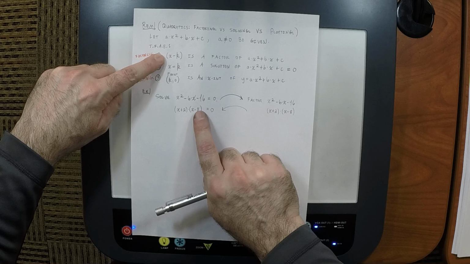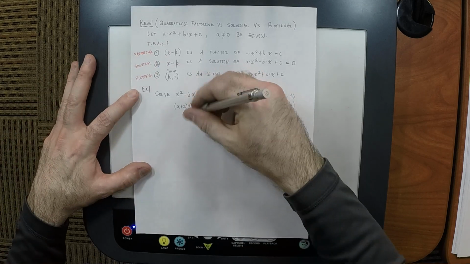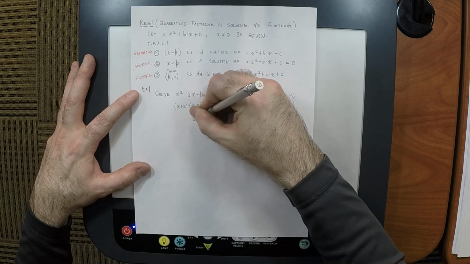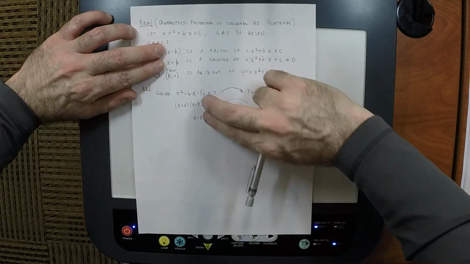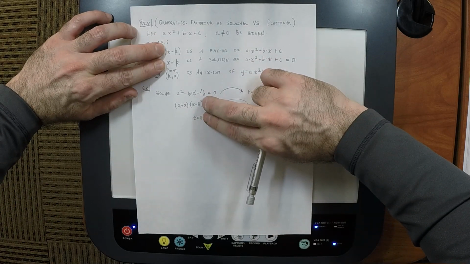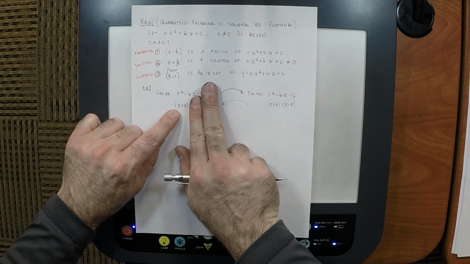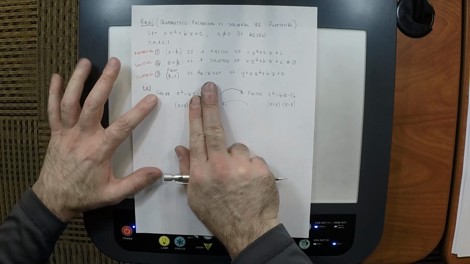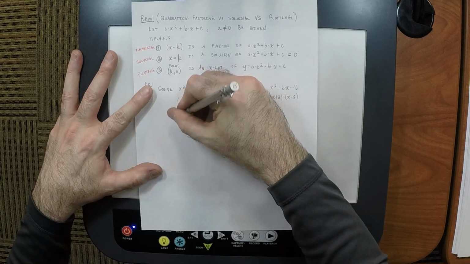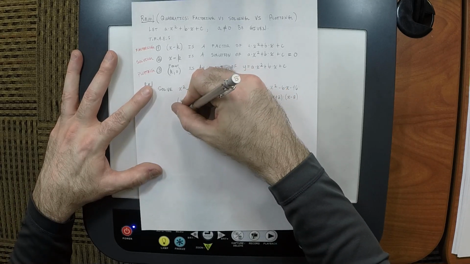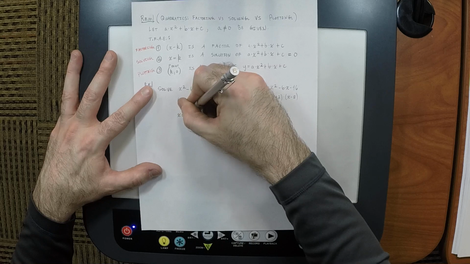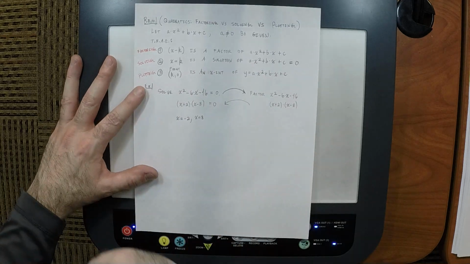So this means that x equal 8 is a solution. And because x plus 2 is a factor, what's a solution? x equal negative 2 is what I meant to say. So those are the solutions.